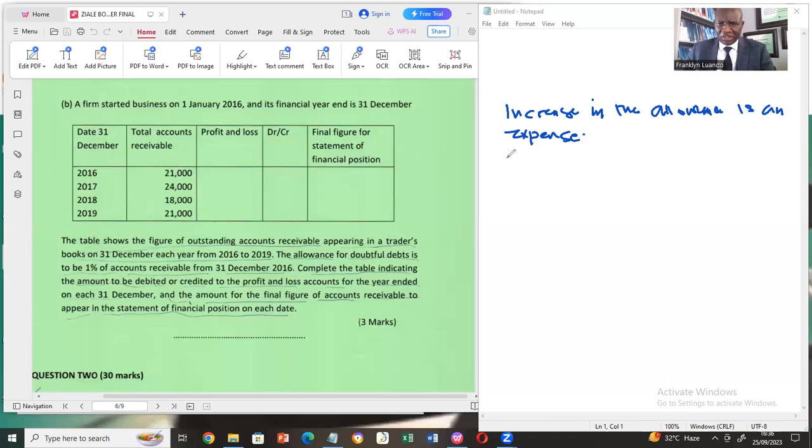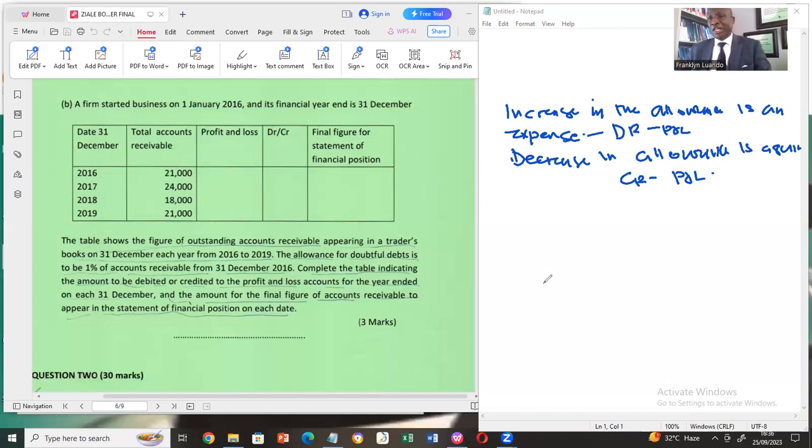Decrease in allowance is a gain. An expense is debited in the P&L. A gain is credited in the P&L.